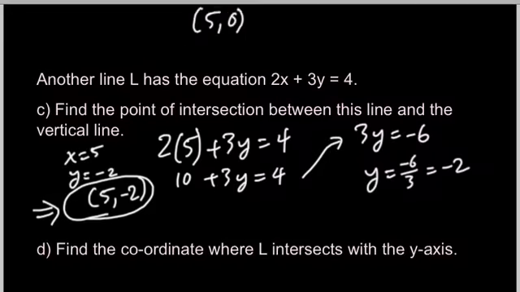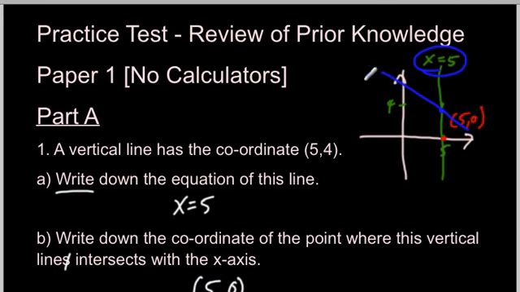If you think about it, let's go back to the diagram. Here's the y-axis. The equation of the y-axis itself is, once again, a vertical line, so it's x equals 0. So here's the equation of the y-axis.